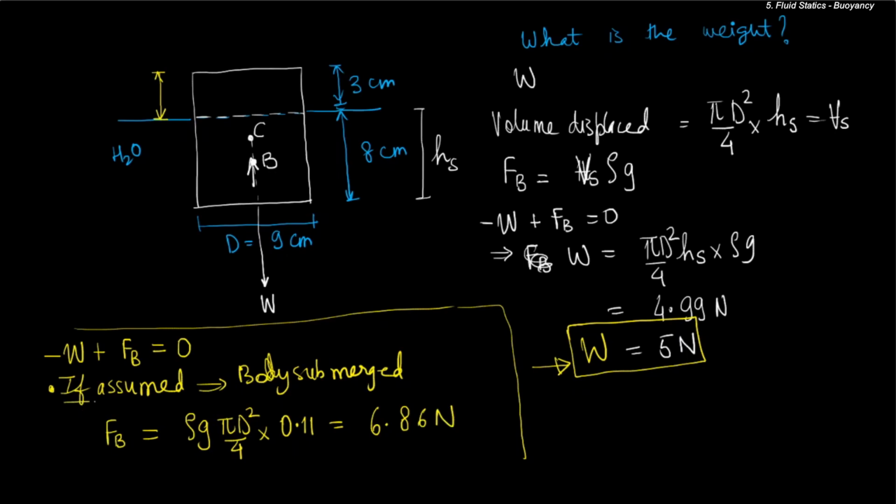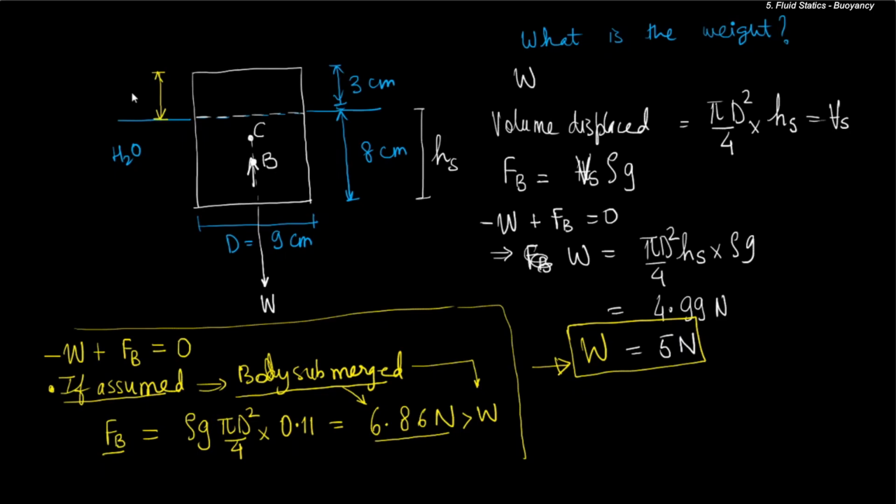So if we assume that the entire body is submerged, then we end up with a buoyancy force of 6.86 Newton, which exceeds the weight of the object. If the buoyancy force exceeds the weight of the object, it means that there must be a lower volume which is submerged to reduce the buoyancy force to make it equal to the weight.